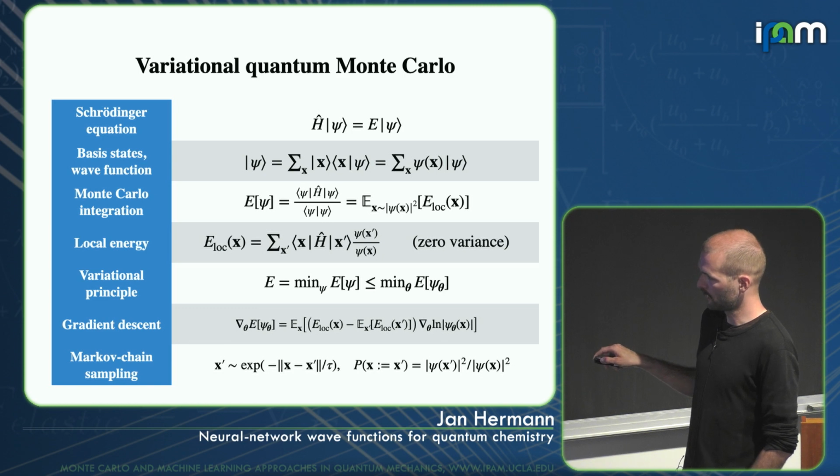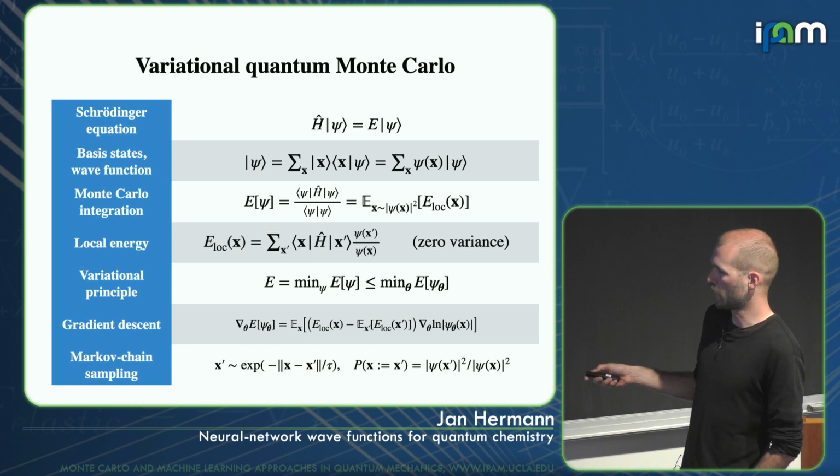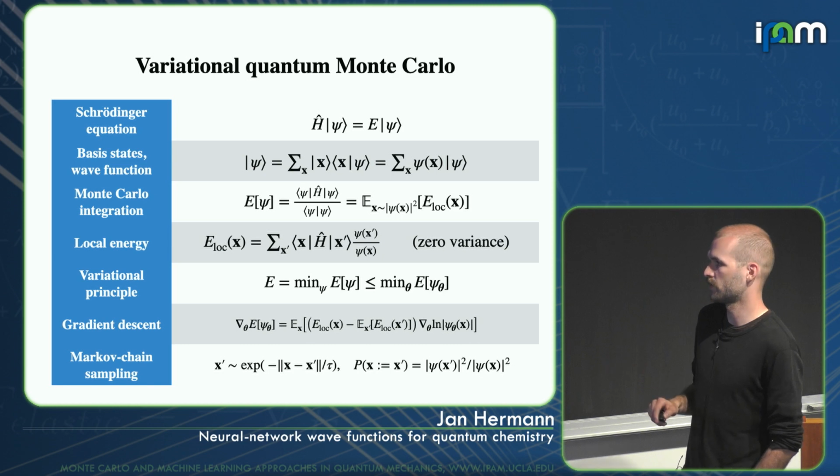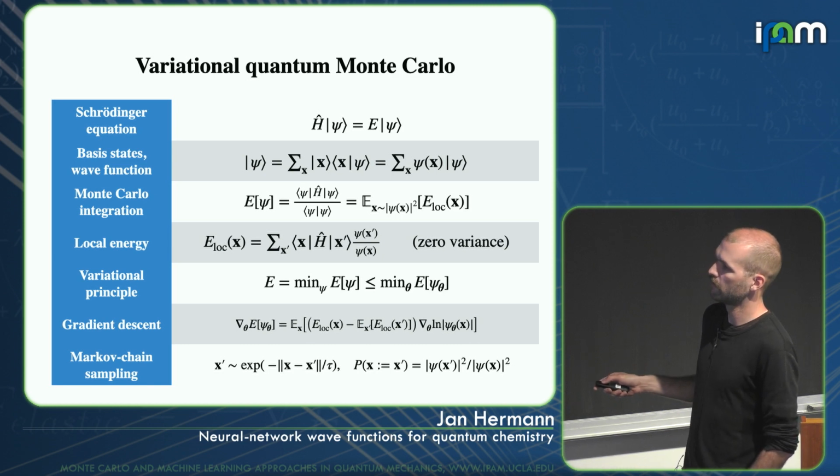Then this local energy, you can simply evaluate as a sum over all the basis vectors of the matrix elements of the Hamiltonian weighted by this fraction. And now notice that if the Hamiltonian is not sparse in this basis, this step might be very costly, right? Because you have to sum over the whole space. So this will be very efficient if you have a very sparse Hamiltonian.